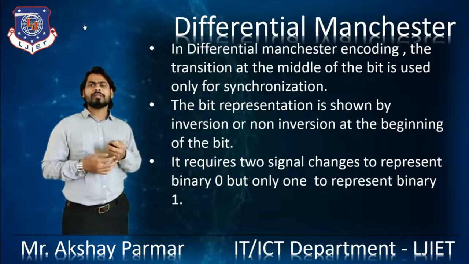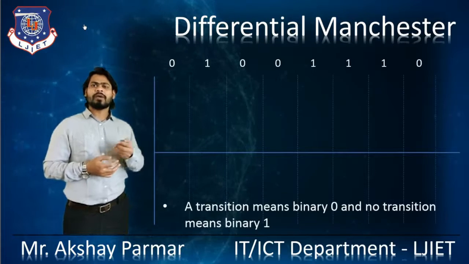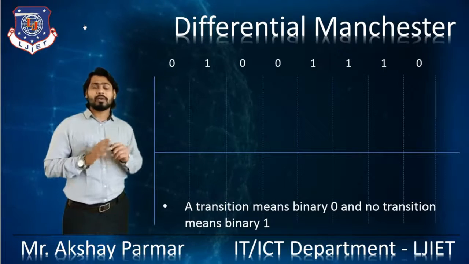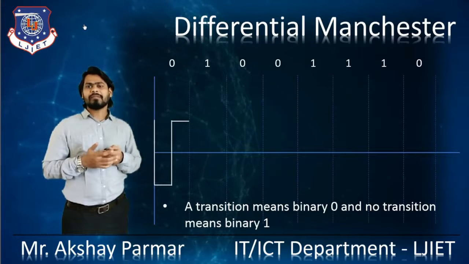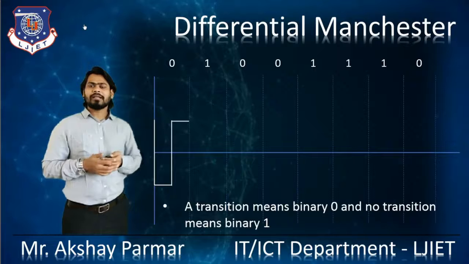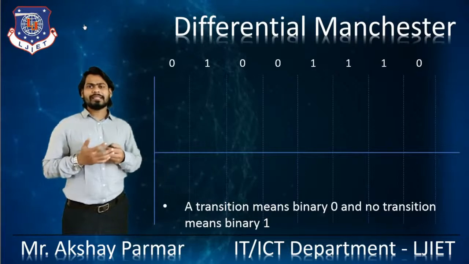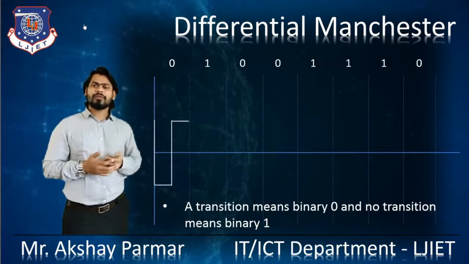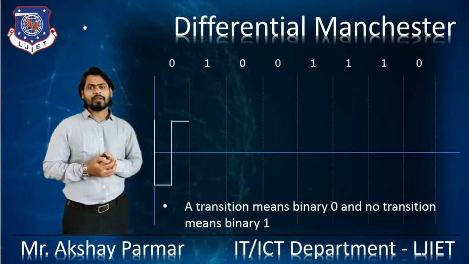Let's see how it's working. Let's have an example: the same bit sequence 0 1 0 0 1 1 0. A transition means binary 0 and no transition means binary 1, right? To represent the bit 0, we will follow the negative voltage to the positive voltage at this initial level, right?